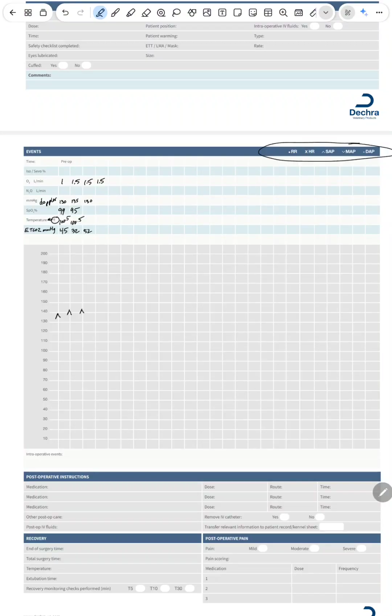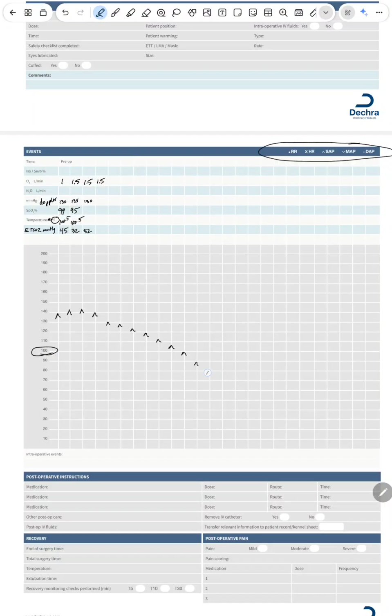But the point of a grid system like this, or a graph system, is that you are creating a graph and you're watching trends. So let's say my systolic starts doing this. Okay, well that's not terribly significant yet, because I'm still at a systolic of about 100 right there.